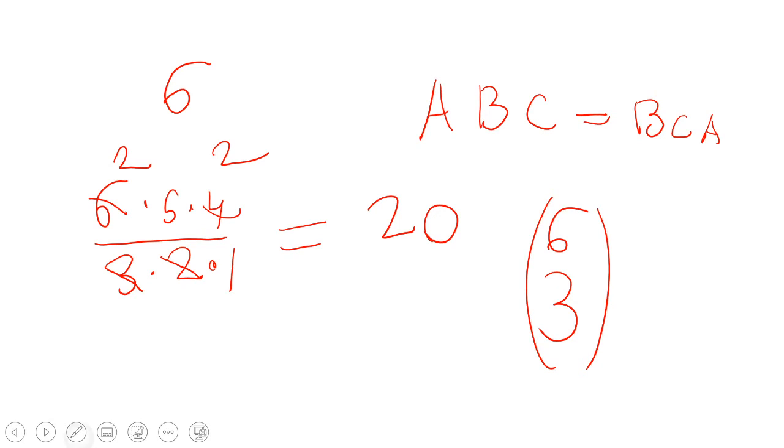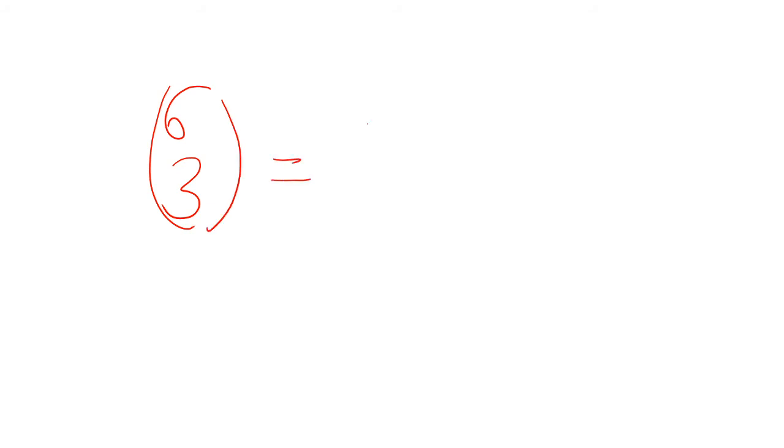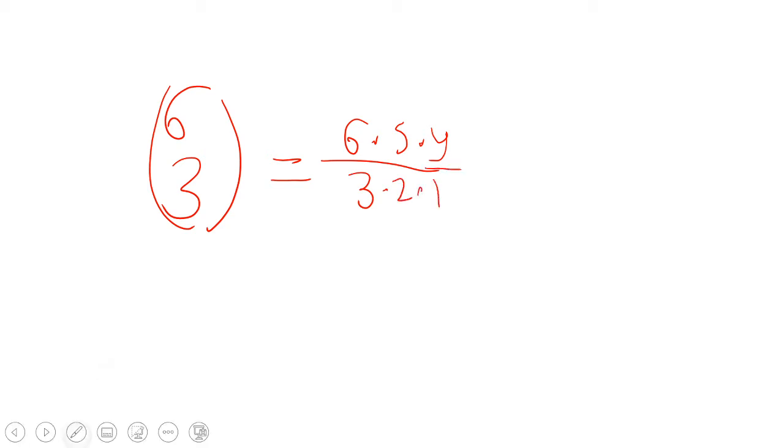So 6 choose 3 can be computed in many different ways. 6 choose 3 is equal to 6 times 5 times 4 divided by 3 times 2 times 1, or 3 factorial. And we can compute this.